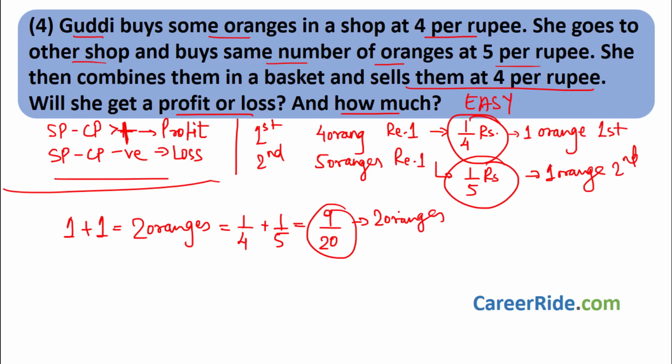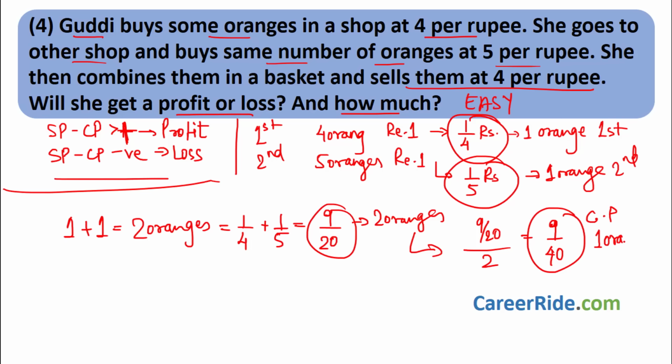While selling, she does not sell them separately, she sells them combined. So what will be the price of 1 orange? Simply 9 by 20 divided by 2, that would be 9 upon 40. That means the cost price for Guddi for 1 orange in total, when she combines the oranges from both shops, is nothing but 9 by 40 rupees.